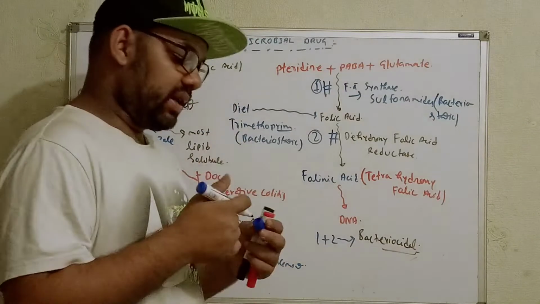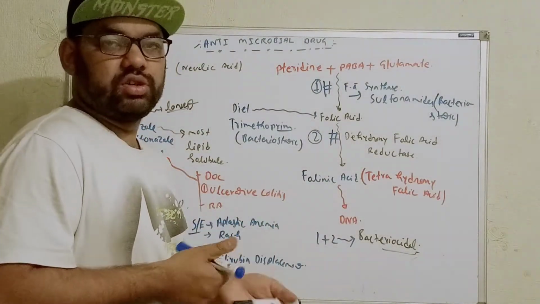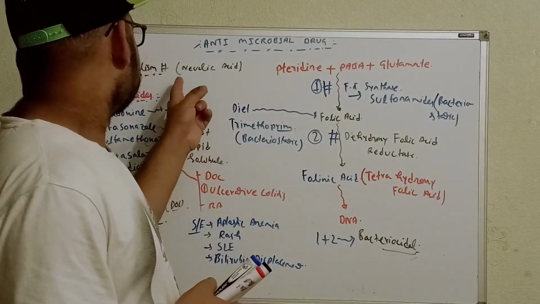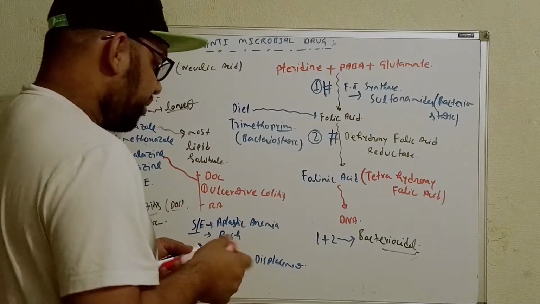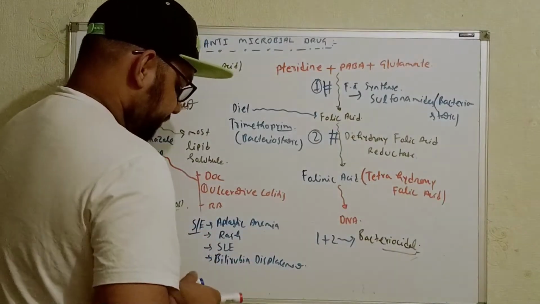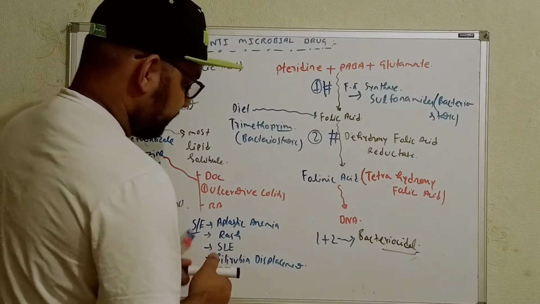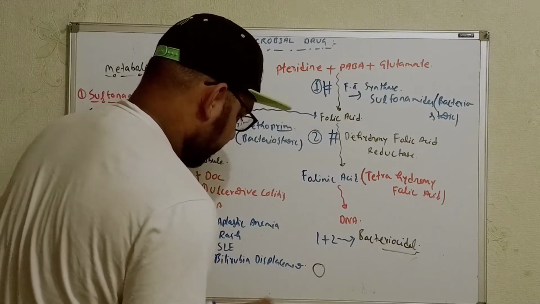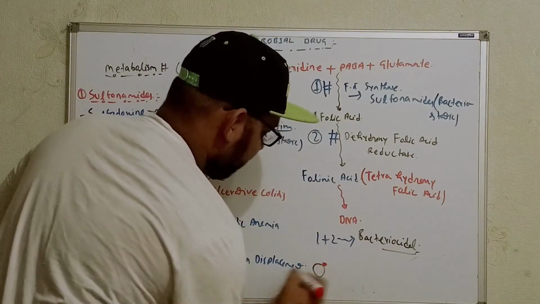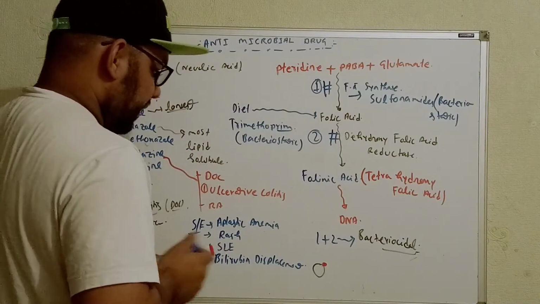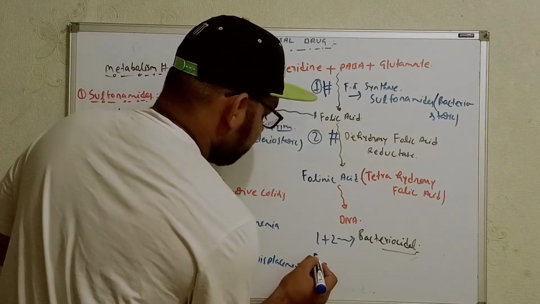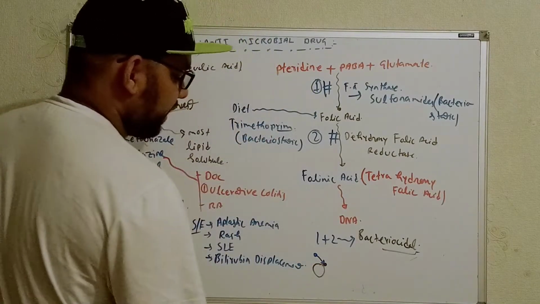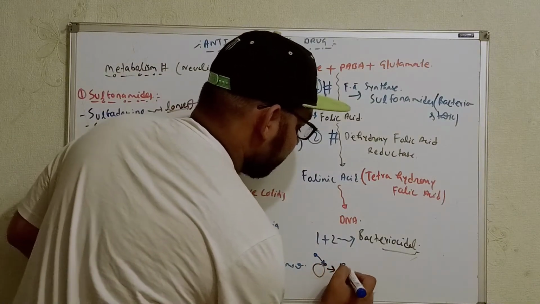Bilirubin is produced, conjugated and unconjugated. If we use sulfonamide drugs, the bilirubin is bound over here. These drugs will replace or displace it and come over here, and the bilirubin will then be free.